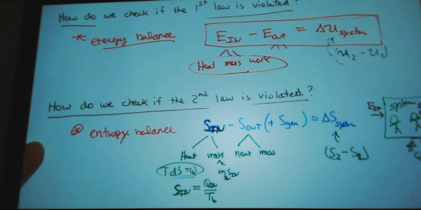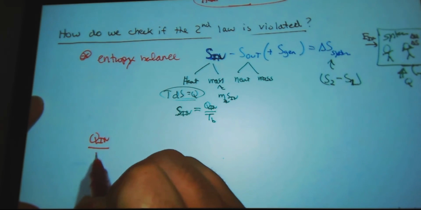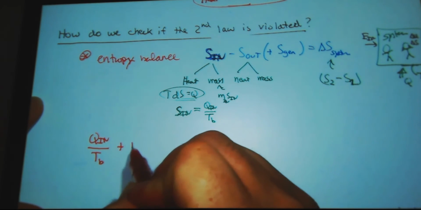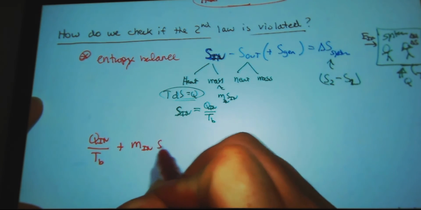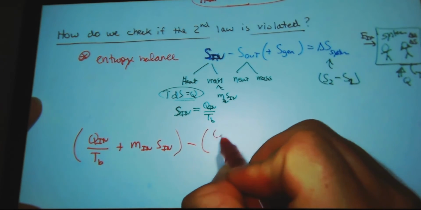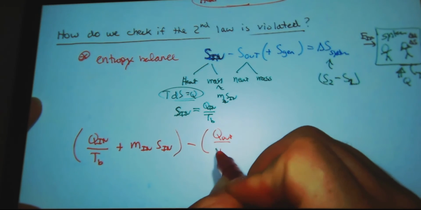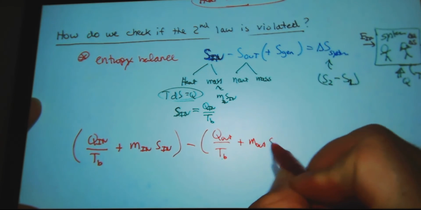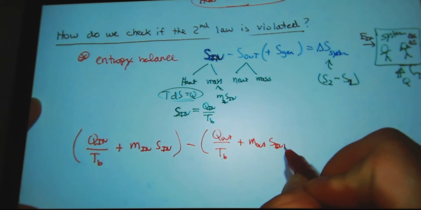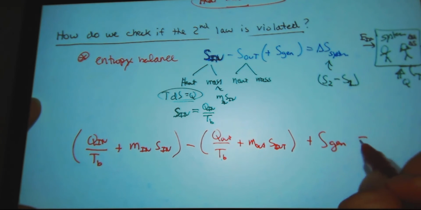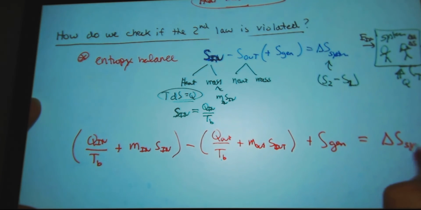So I have Q_in over boundary temperature, plus some mass in and entropy per unit mass in, minus Q_out over a boundary temperature, plus mass out and entropy per unit mass out, plus S_gen equals the change in entropy in my system.